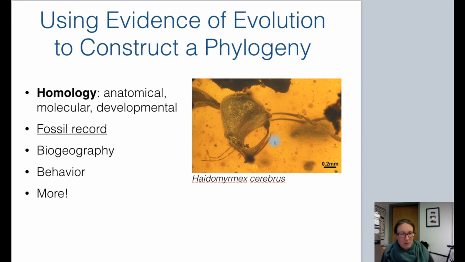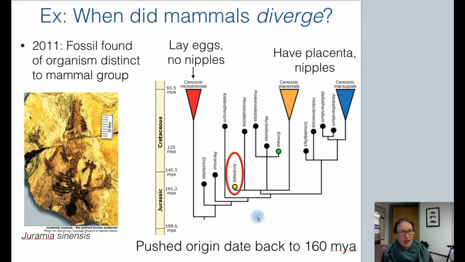It has these really wild mandibles that are totally different from the mandibles that you'd see in any living ants. If we didn't have these pieces of amber that contain these ant specimens, we really wouldn't know anything about this ant. But since we do have it, we can use information from this specimen and incorporate that into our thinking about the evolution of other groups of ant species as well.